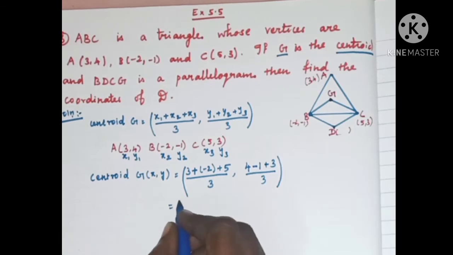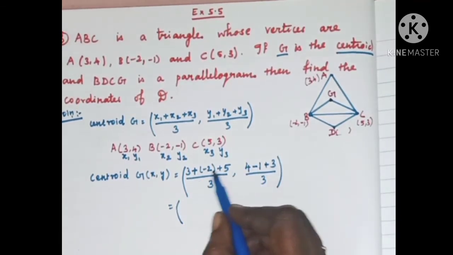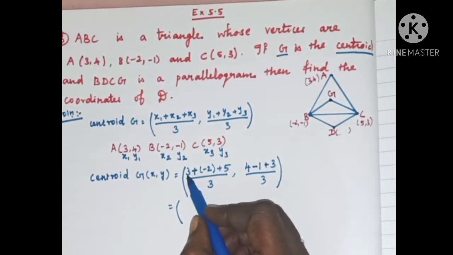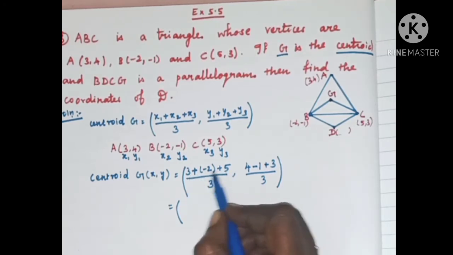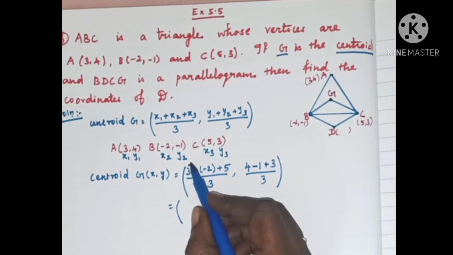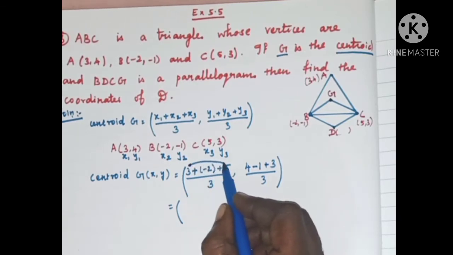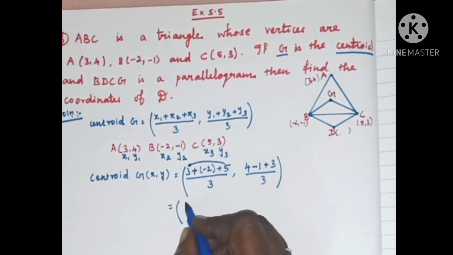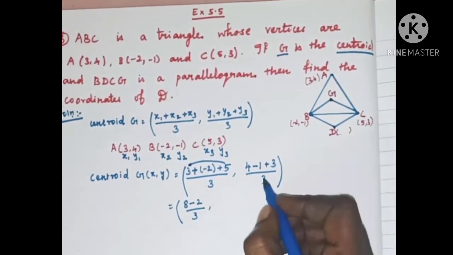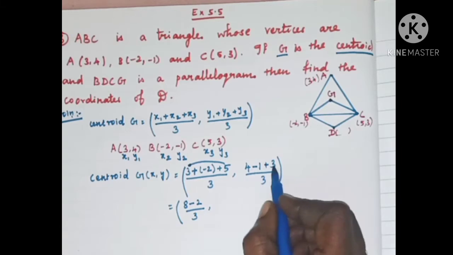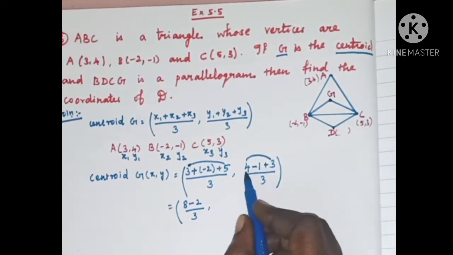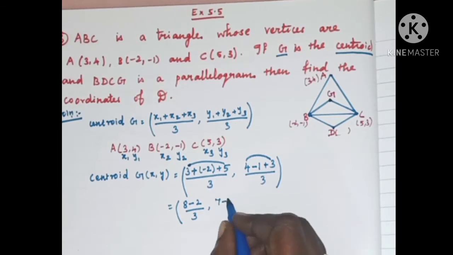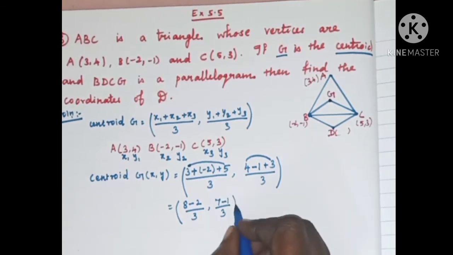Here 3 and 5 are positive, so add these first: 3 plus 5 is 8, minus 2, divided by 3. Here 4 and 3 have the same sign, so 4 plus 3 is 7, minus 1, divided by 3.